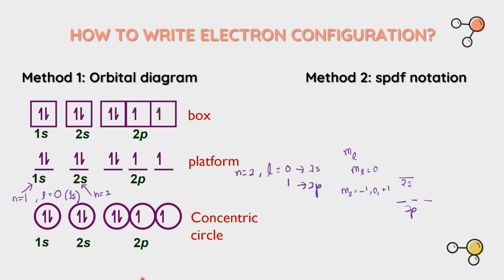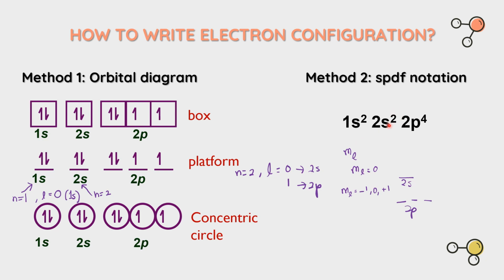The second method is SPDF notation. So in SPDF notation, we will write in terms of this sequence. So from here, if we have 1s2, in SPDF notation, we will write as 1s2. So 2 is the number of electrons that lie on this 1s. And for 2s, since we have 2 electrons over here, the labeling here will become 2s2.